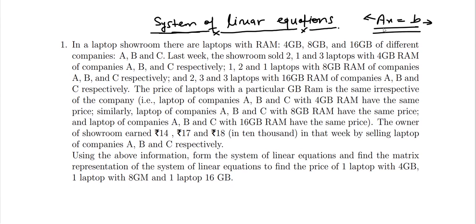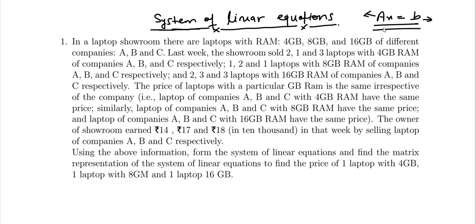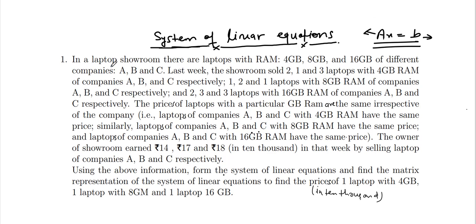So let's get back to our question. In a laptop showroom, there are laptops with RAM 4 GB, 8 GB, and 16 GB of different companies A, B, and C. Last week, the showroom sold 3 laptops with 4 GB RAM of companies A, B, and C respectively.